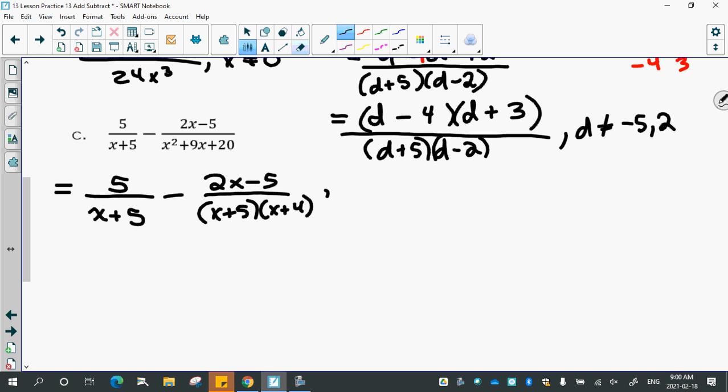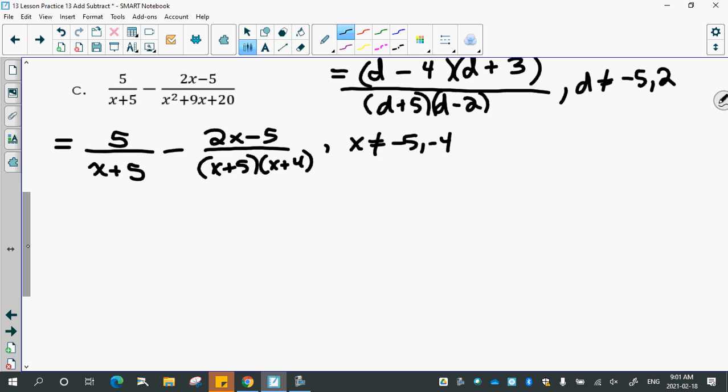We could do restrictions. What would my restrictions be? Yep. X can't be negative 5 or negative 4. Yes. All right, so there's my first step.